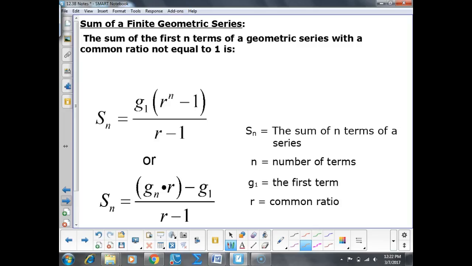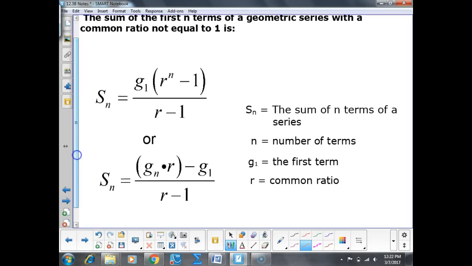The sum of a finite geometric series can be represented by either one of those two formulas. They both mean the exact same thing. They both will get you the exact same answer.